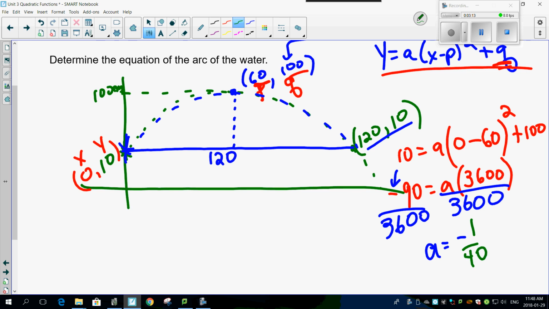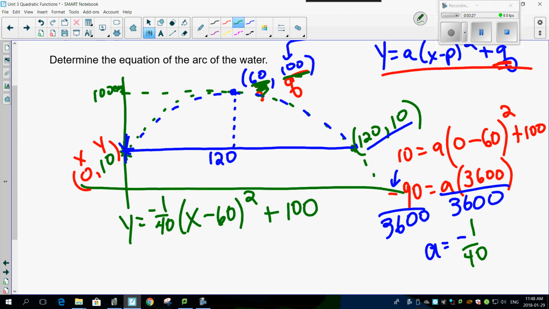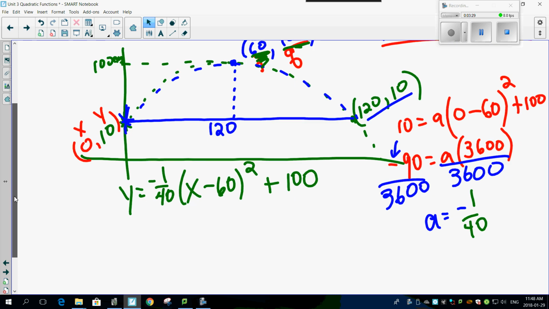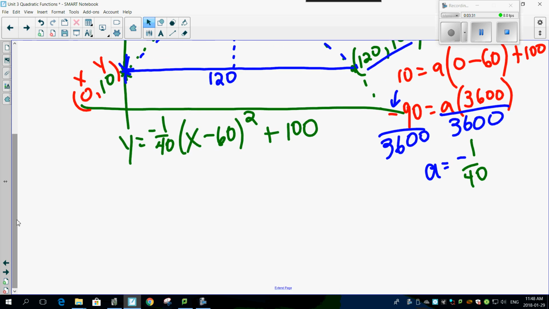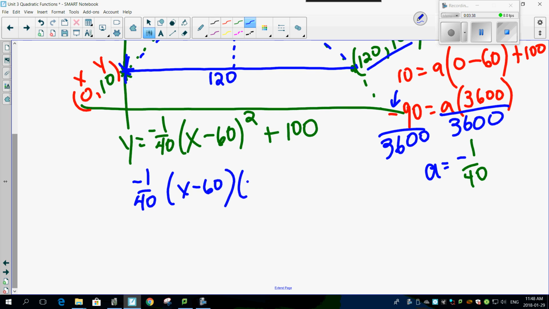So our equation is y equals negative 1 over 40 times (x minus 60) squared, for all values of x, there's our p value, plus our q value, which is 100. And now let's put this into standard form. There's going to be some fun. Standard form means negative 1 over 40 times (x minus 60)(x minus 60), plus 100.